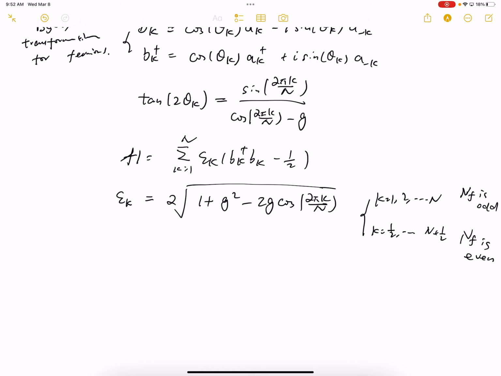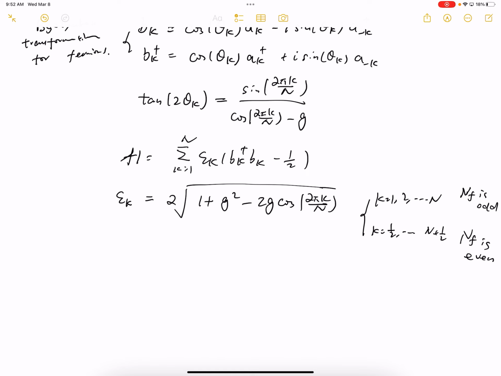So there are two cases, and that's the energy spectrum here. At the end of the day, we map the Hamiltonian to non-interacting fermions, and the energy spectrum is just given by the total energy of a bunch of non-interacting quasi-particles, which are still fermions.